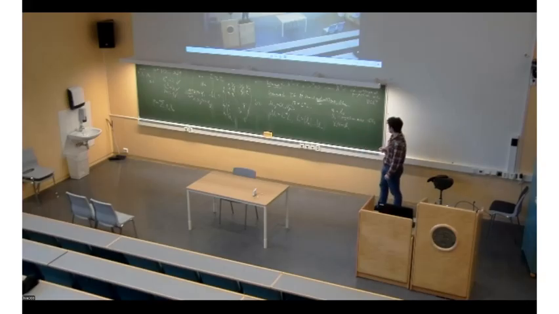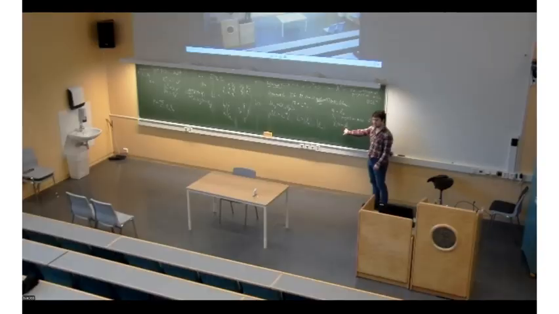Let's isolate cases. Possibility number one, Li was zero, then xi was the identically zero map, and this condition holds.